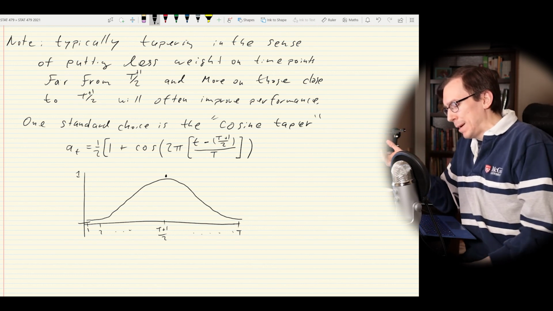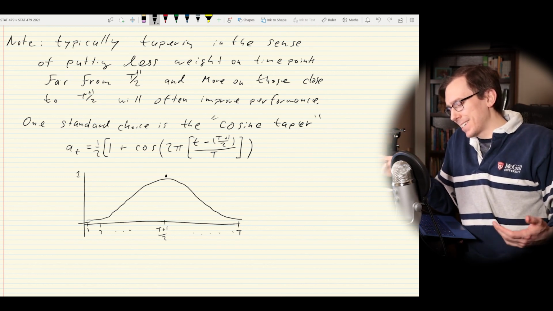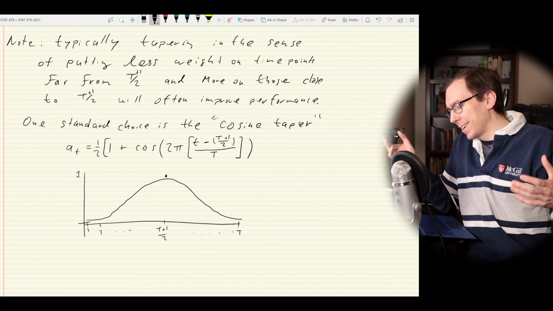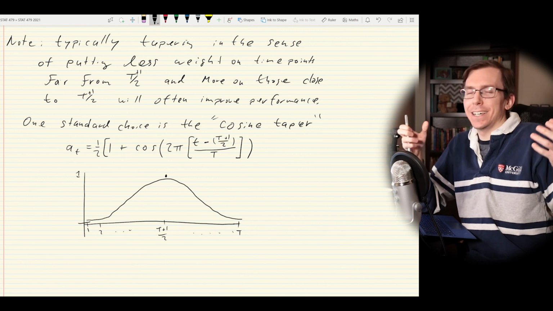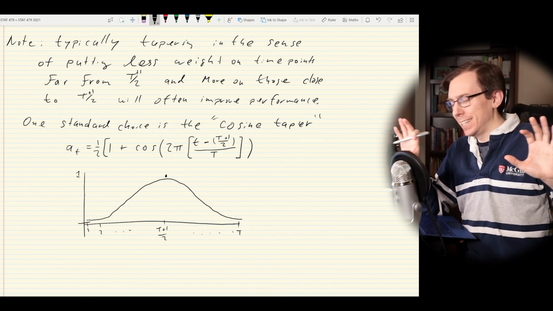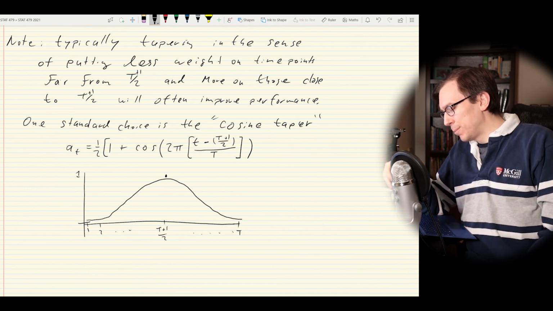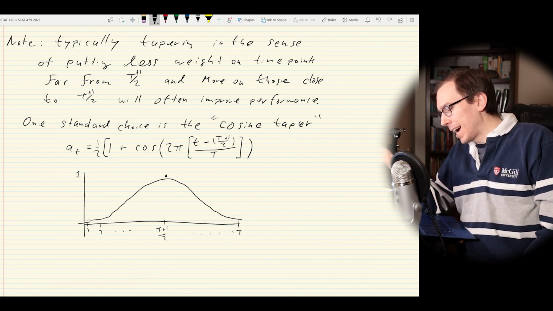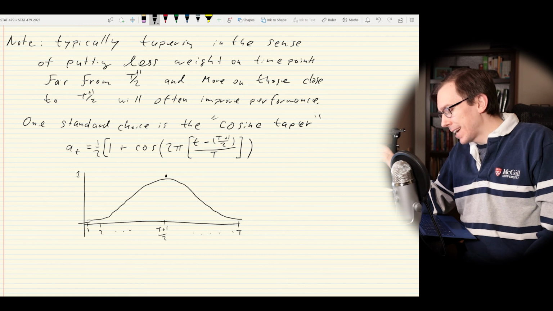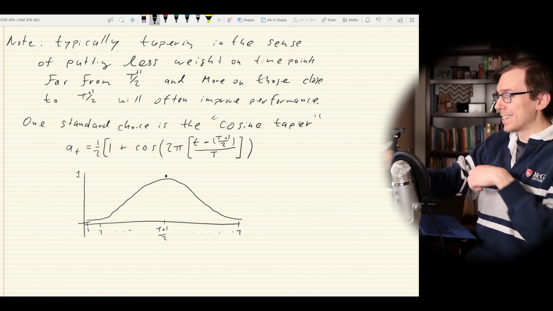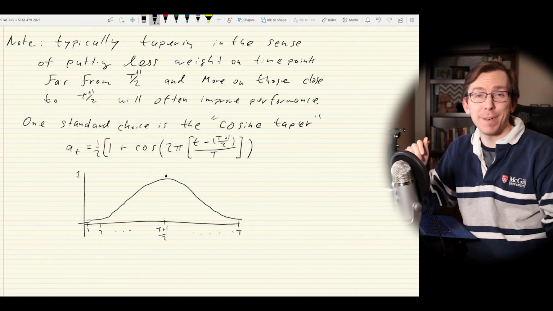Okay, it might seem a little strange, because why are we down weighting our data? But effectively what we're doing here is putting less emphasis on the boundary points of our data, more emphasis on the middle points of our data set. We apply that first, then we use that to compute, say, the spectral density and whatnot. And what we get out is something that, allegedly, is better.